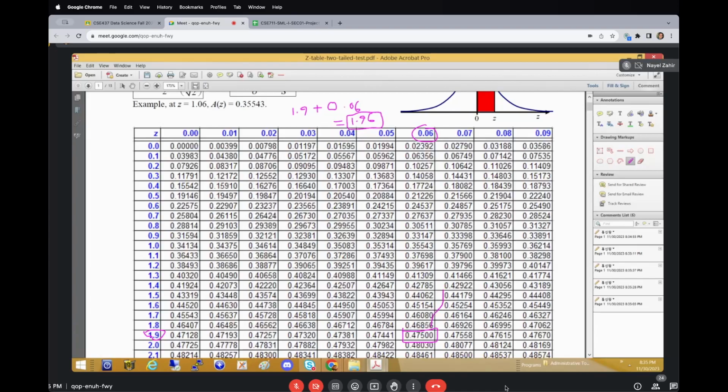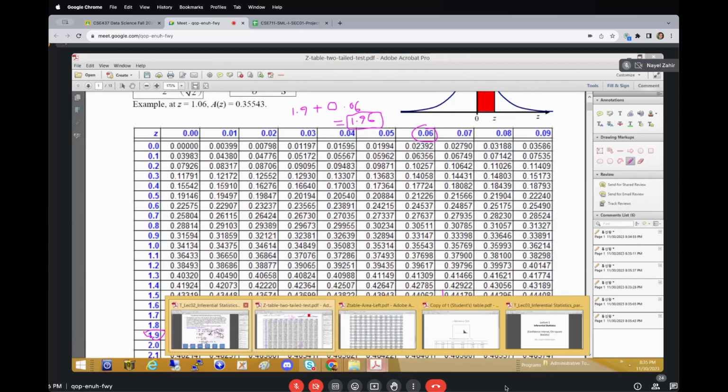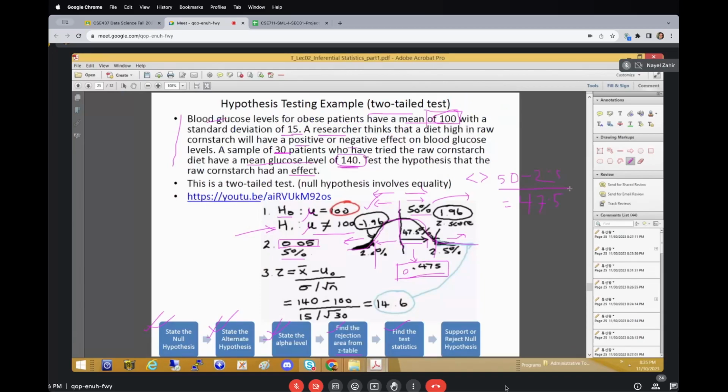So in our case, after the alpha value 0.05, that is 5%, from our 50% we have subtracted the 2.5%. So it is 47.5, which is equivalent to 0.475.